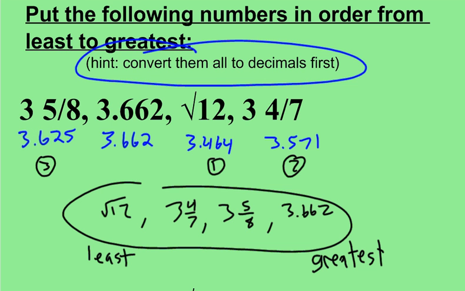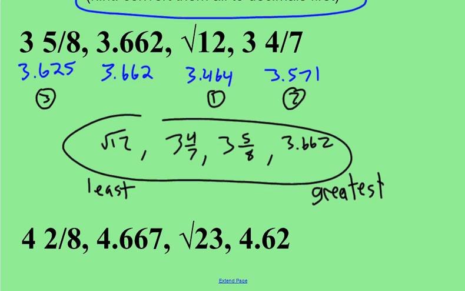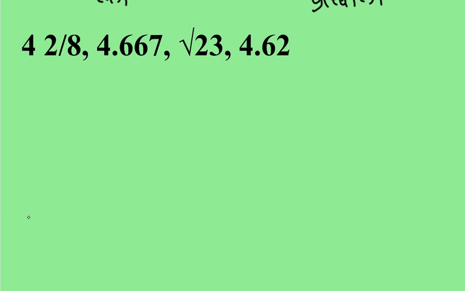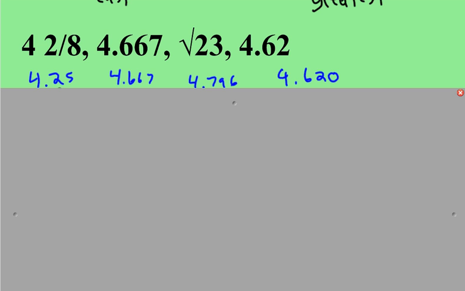So I'd suggest trying this next one on your own. Put these in order from least to greatest. So what did you do first? Hopefully you changed them into decimals.